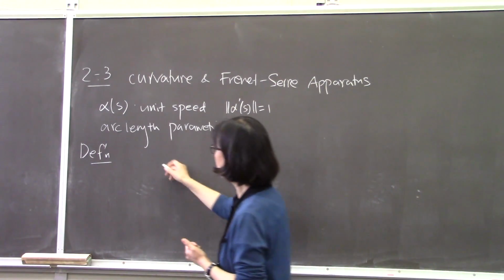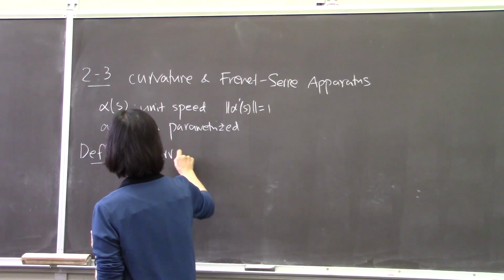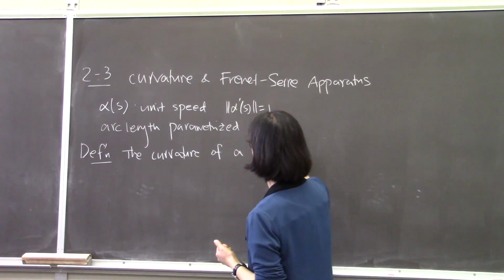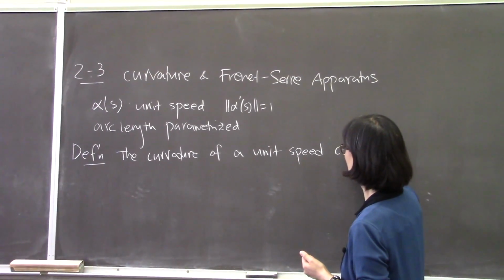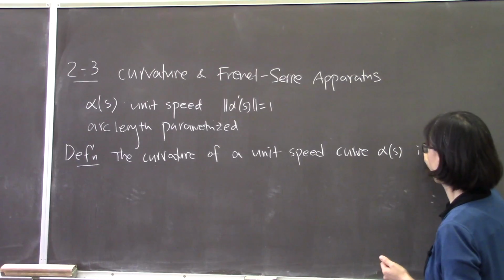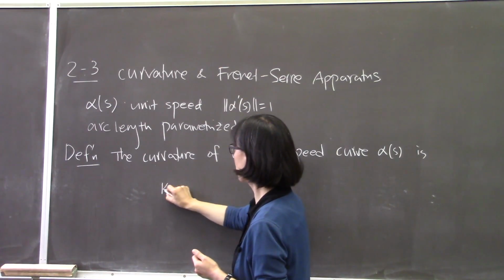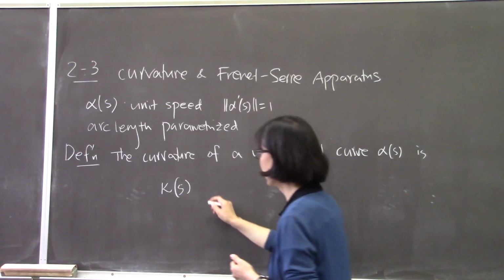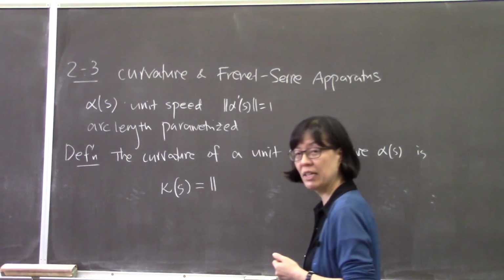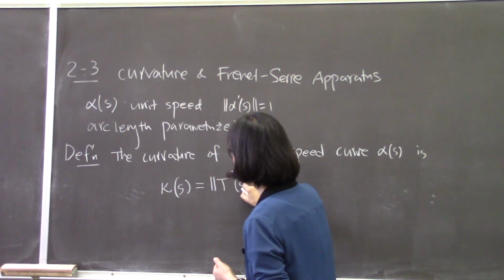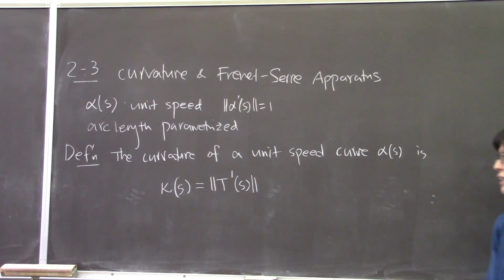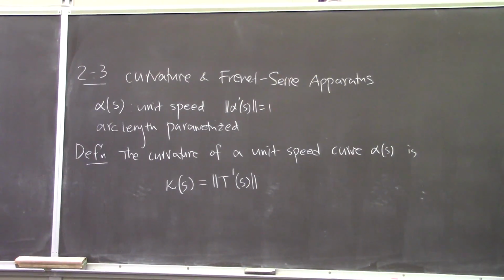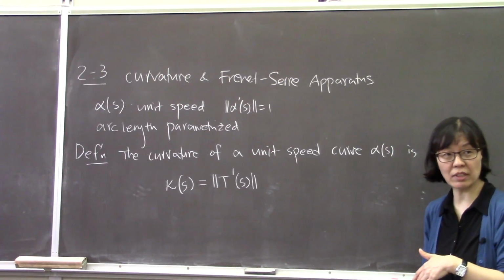So we define the curvature. We use this notation kappa and we use parameter S. Then this is the magnitude of T prime of S. Do you remember big T? The unit tangent vector field, right?